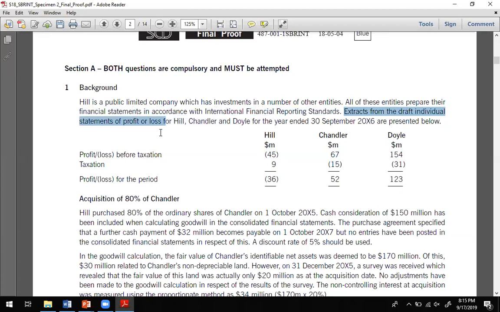Extracts from the draft individual statement of profit or loss of Hill, Chandler, and Doyle for the year ended 30th September 2026 are presented below. So these are the extracts from the individual statement of profit or loss.